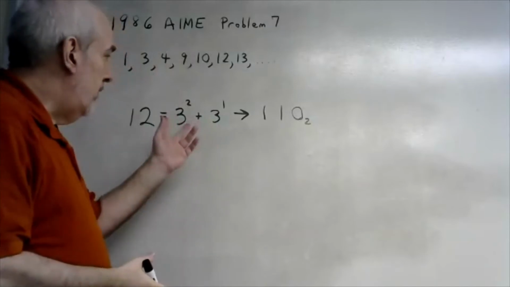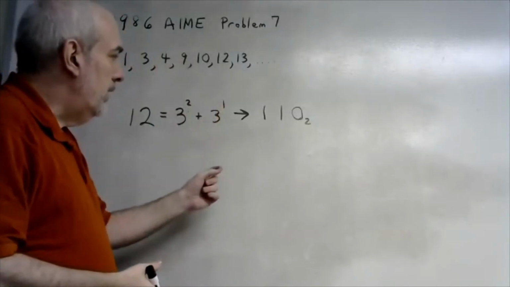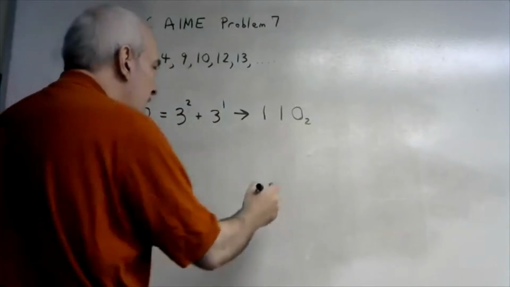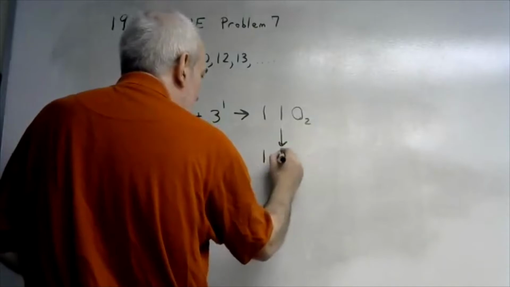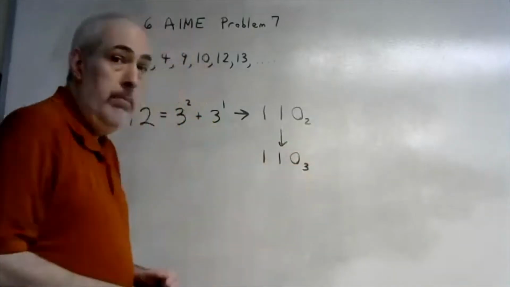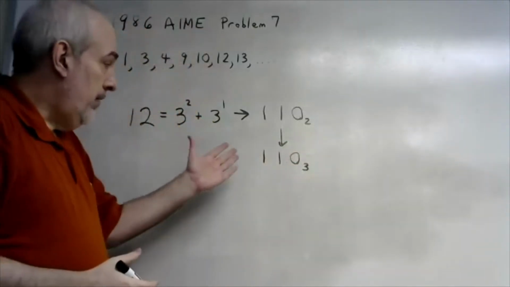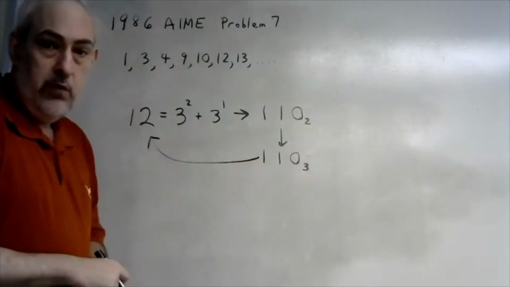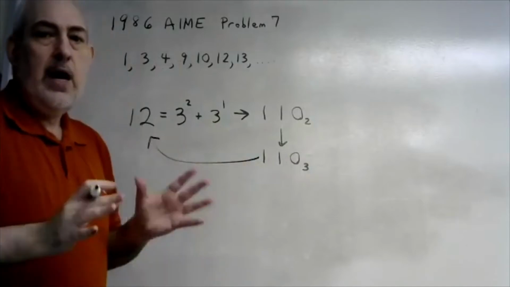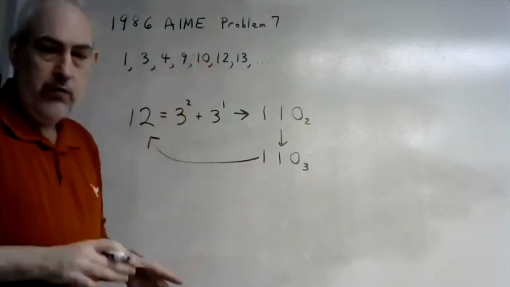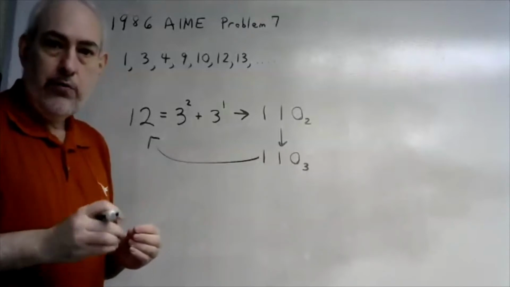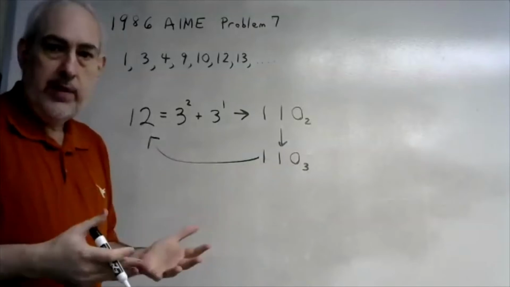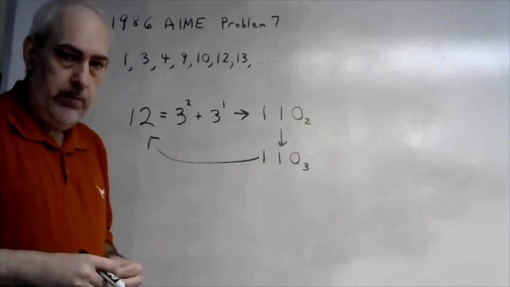But really this is 3 squared plus 3 to the 1, so these are supposed to represent powers of 3. So we can recast that in base 3, and that base 3 number is equal to the original 12. In other words, every one of these numbers you can write as a base 3 number, but only using the digits 0 and 1, which is what you'd normally see when you're counting in base 2.